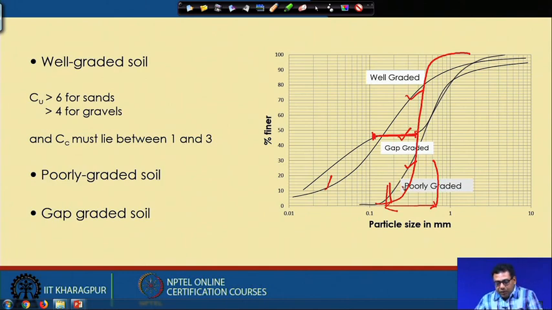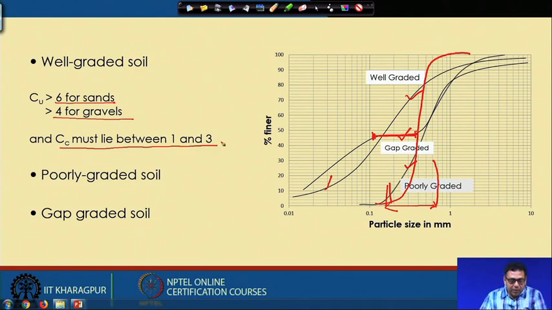So, these are very important for our coarse grain soil, that is the poorly graded, gap graded and well graded. A soil is called a well graded soil if Cu value is greater than 6 for sand and greater than 4 for gravels, and Cc must lie in between 1 to 3.